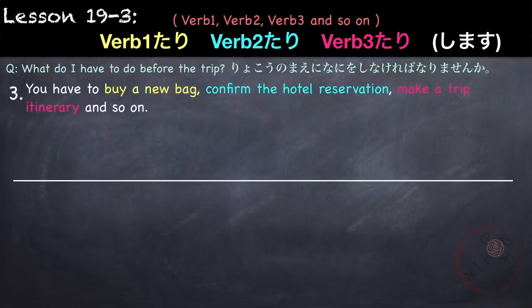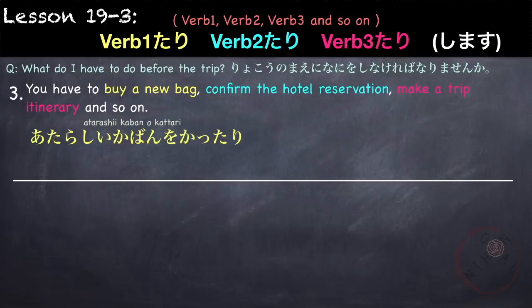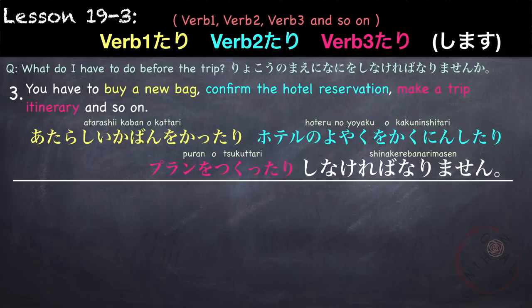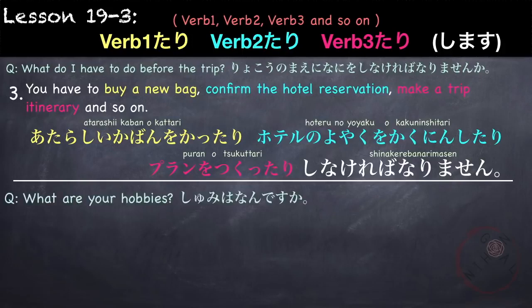For example, you have to buy a new bag, confirm the hotel reservation, make a trip itinerary, and so on. So, anata wa atarashii kaban o kattari, hoteru no yoyaku o kakunin shitari, puran o tsukuttari shinakereba narimasen.